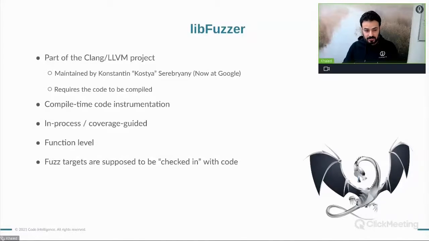This makes it really suitable for continuous fuzzing or for CI/CD integration, where you check in your fuzz test. This fuzz test will then be compiled and run as part of a CI pipeline.